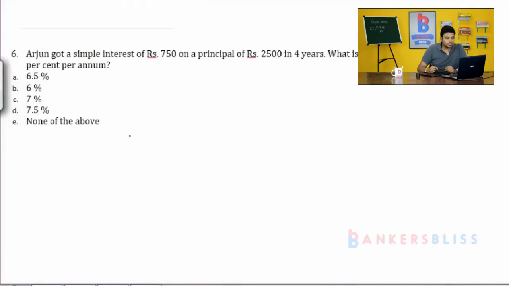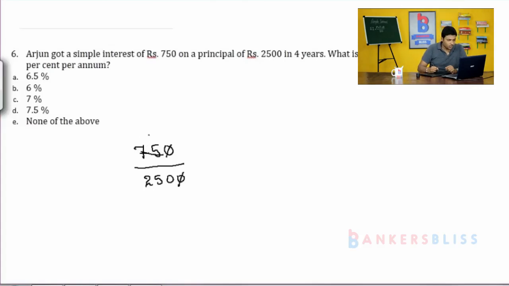750 rupees is the interest on the principal 2500. So 750 is the interest amount, whole divided by 2500. That is 75 by 250.